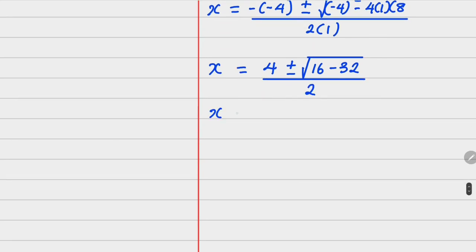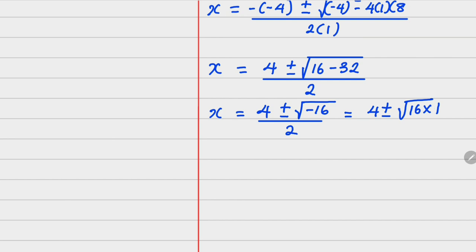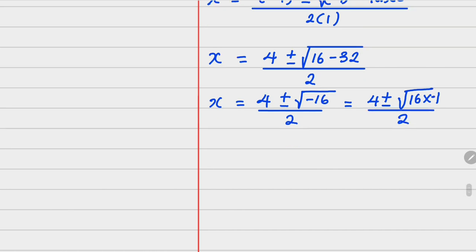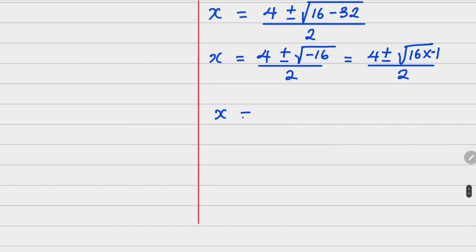Now, my x will be equal to 4 plus or minus root of minus 16 all over 2, which I can write as 4 plus or minus root of 16 times 1 times minus 1, all over 2. Now, it's leading to a complex number, and that is why I'm doing what I'm doing.